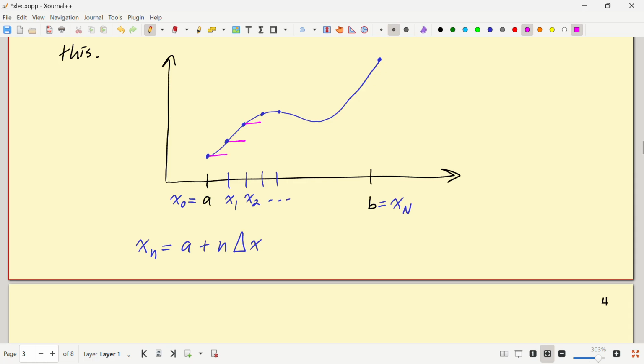And so this step function, using uniform continuity, would be within a tolerance of epsilon of the graph of f of x.